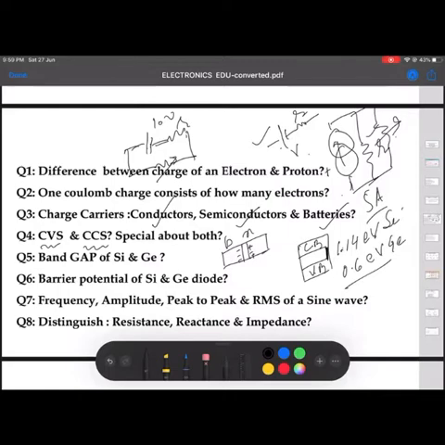That potential barrier is of the order of 0.6 volts in case of silicon, and almost 0.3 volts in case of germanium. Normally, students confuse the energy gap, the band gap, and the barrier potential. The barrier potential you get only when junction formation takes place, that means when P and N form a junction.